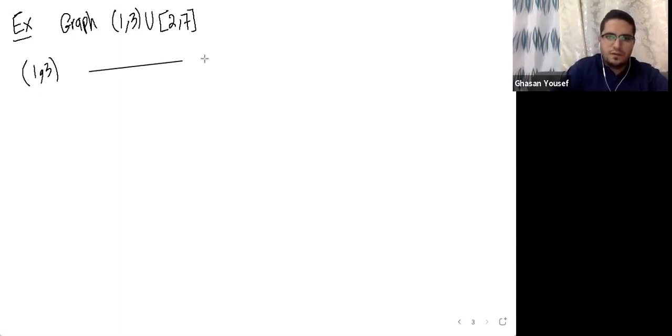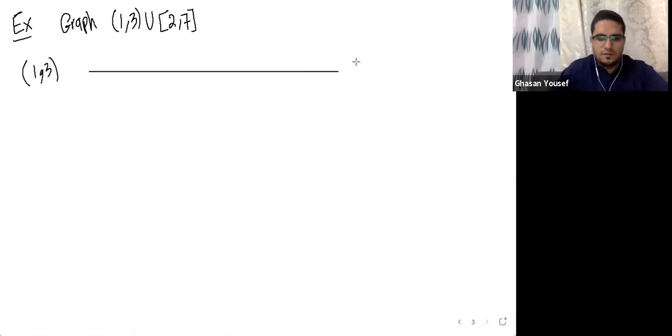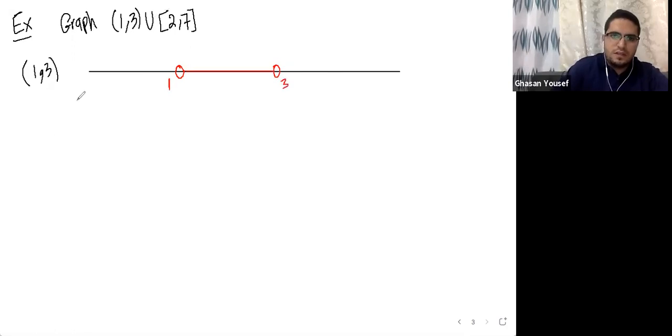I'm going to graph it again. At 1 it is open, and at 3 it is open. This is 3, and there is a line between 1 and 3. Here is 1, and here is 3. Same for the second interval, the closed interval from 2 to 7.